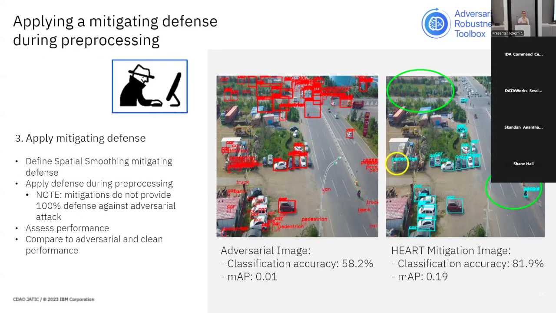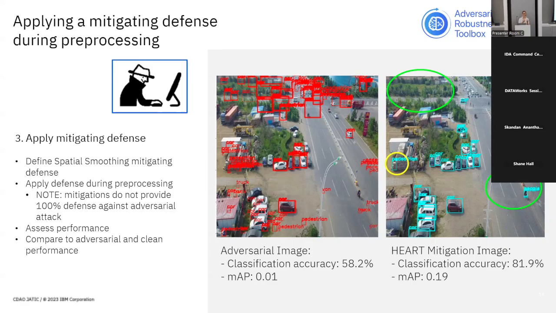So one of the quickest defenses that the blue team can mount is going to be one of these mitigating defenses that is pre-processing or post-processing changes to the images that can minimize the damage done by the manipulation that the red team put in there. So mitigating defenses aren't going to give you 100% protection against any kind of attack, but they're going to really decrease the damage that the attack can do.